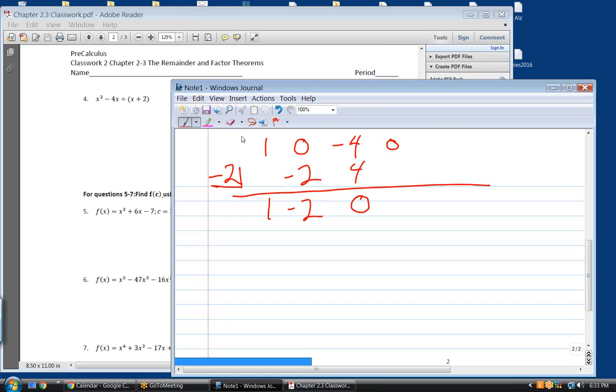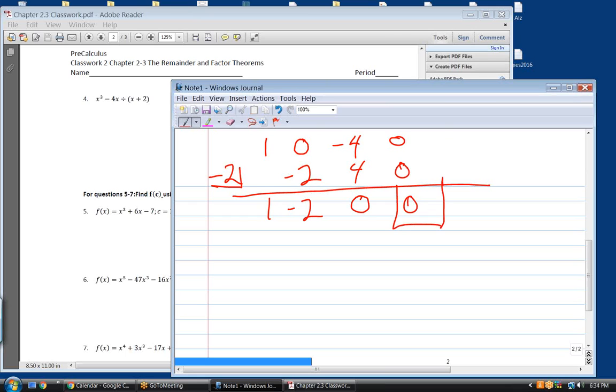It doesn't look like on this particular problem I needed that 0 over there, but it actually still works. I'm going to leave that 0 there because I'm not done yet. I got -2 times 0 is 0. Add those. There's my 0 remainder.